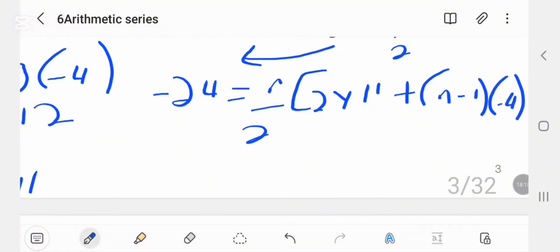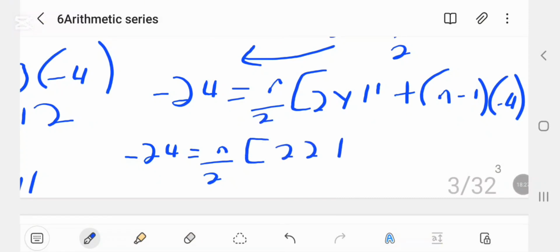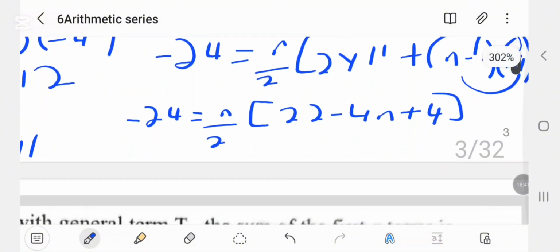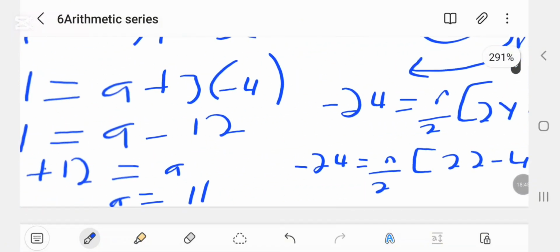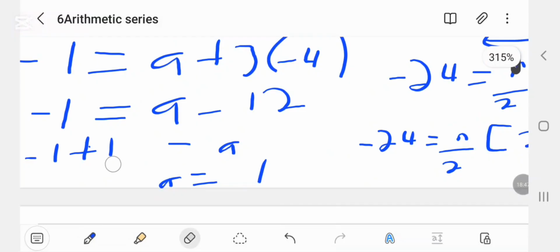Then we have minus 24 is equal to n over 2, then we have 22, 2 times 11. This one multiplied by that one, you get a negative 4n. Multiply that one by a positive 4. Then we continue.